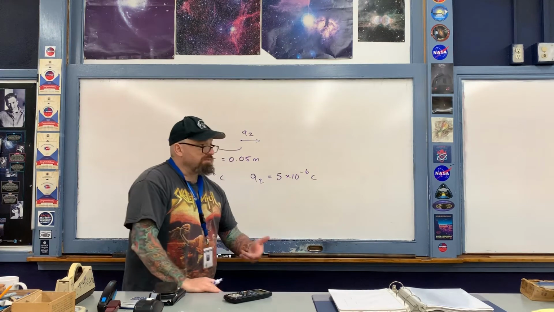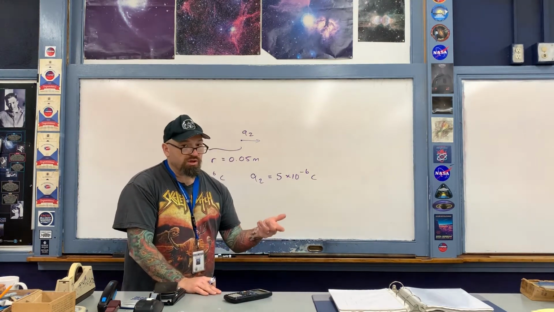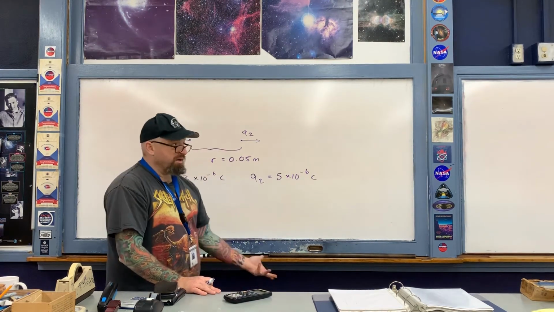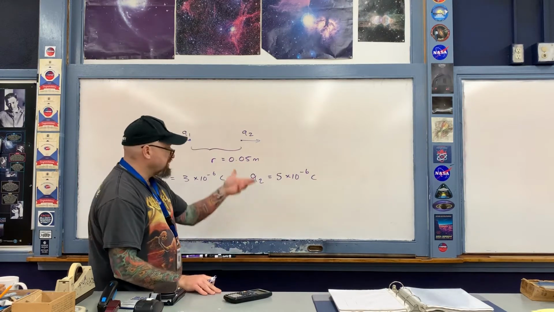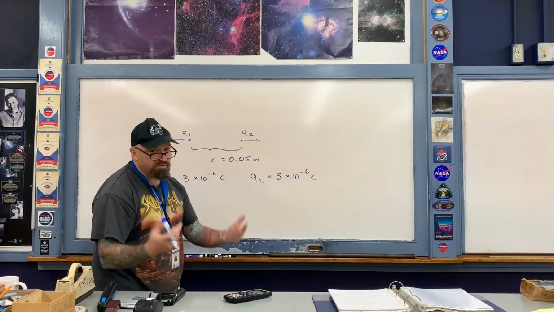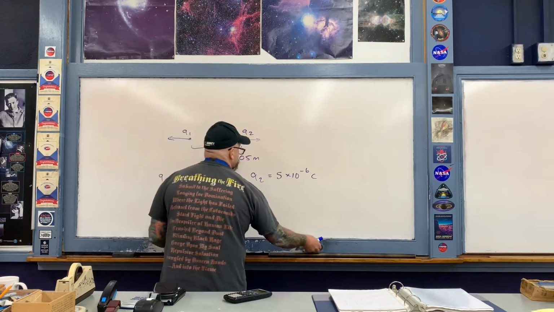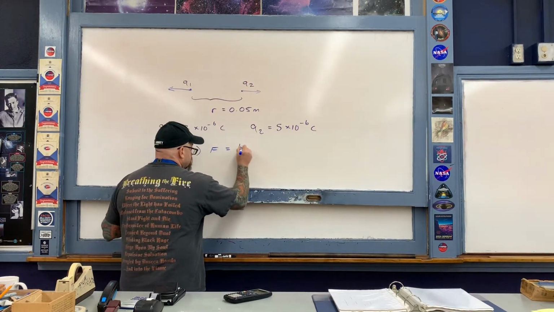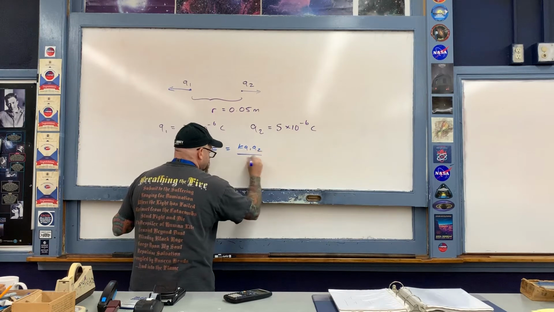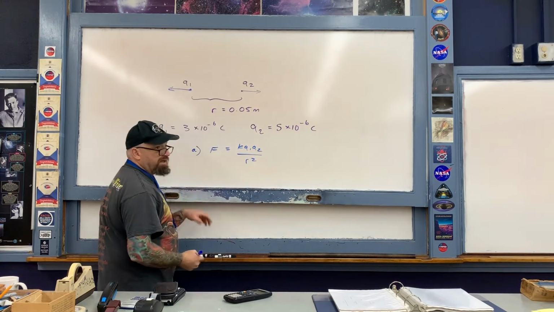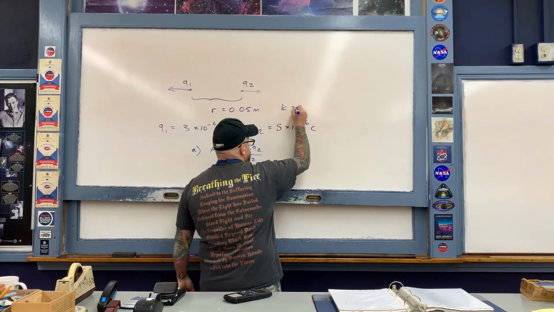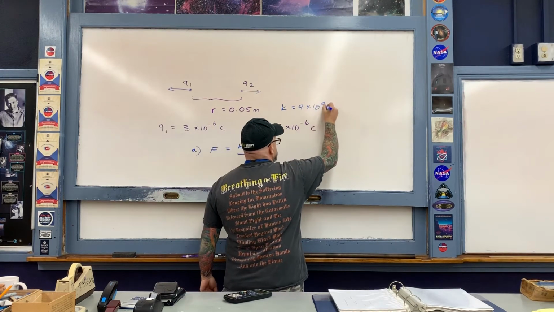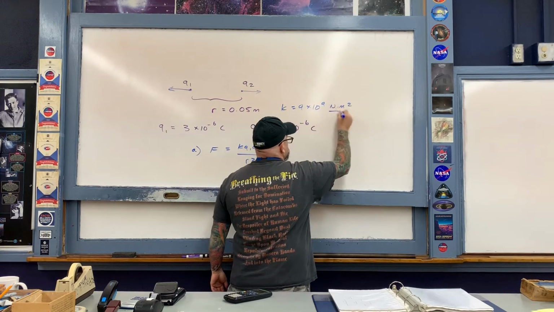So we're going to determine the value of the force that one charge exerts upon the other in part A of the example. It doesn't matter which of these forces we choose because by Newton's third law, they're the same thing. In order to calculate that force, we're going to use Coulomb's law, which is the following expression, and recall the fundamental constant K. The fundamental constant K is 9 times 10 to the 9th newton meter squared per coulomb squared.